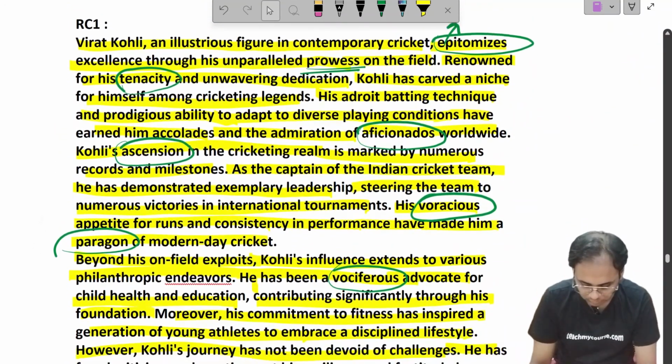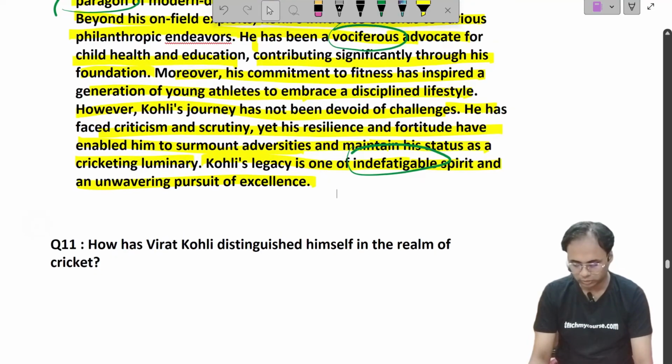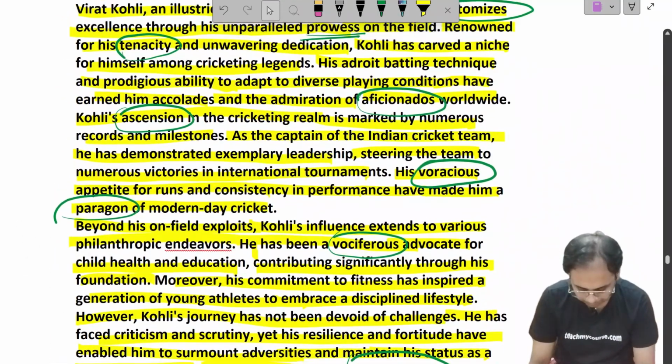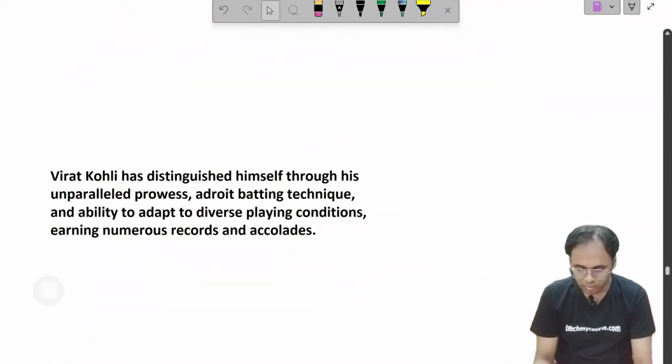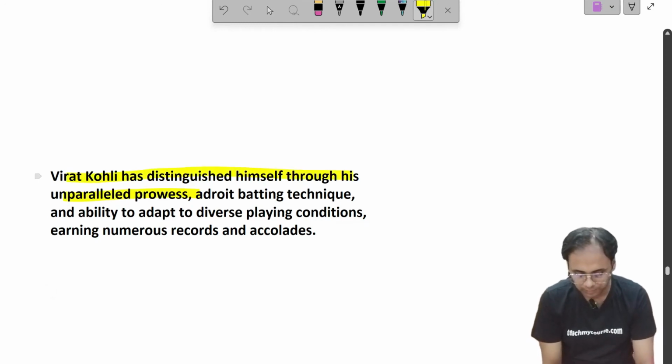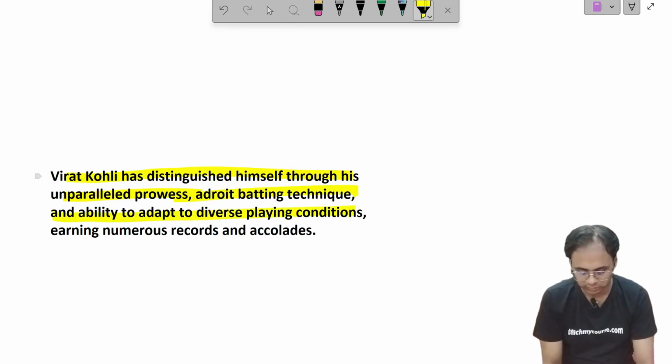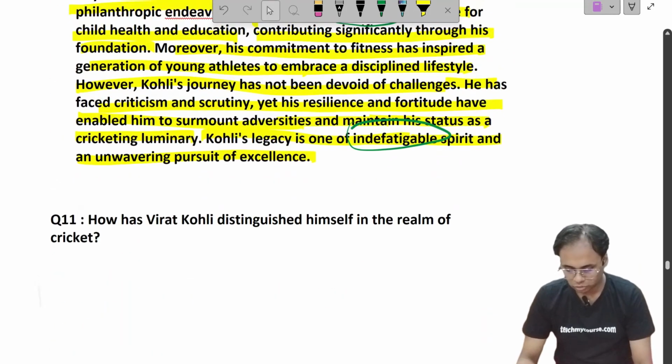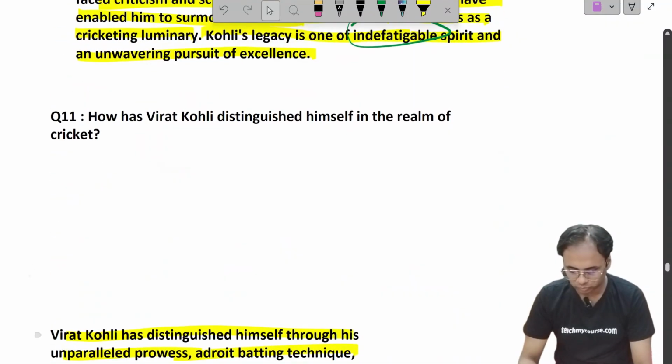Try to find out where it is coming from in the paragraph. We can say that Virat Kohli has distinguished himself through his unparalleled prowess, adroit batting technique, and ability to adapt to diverse playing conditions, earning numerous records and accolades. So we can all say this using the paragraph.